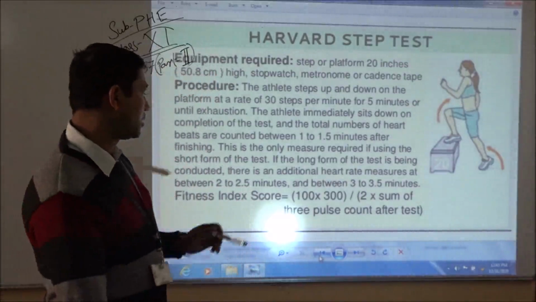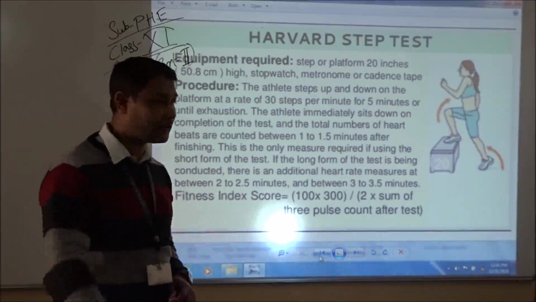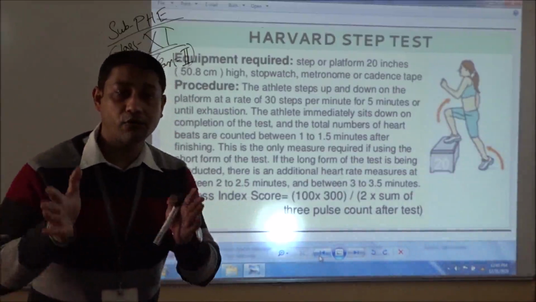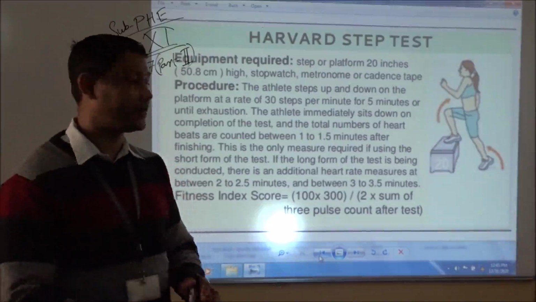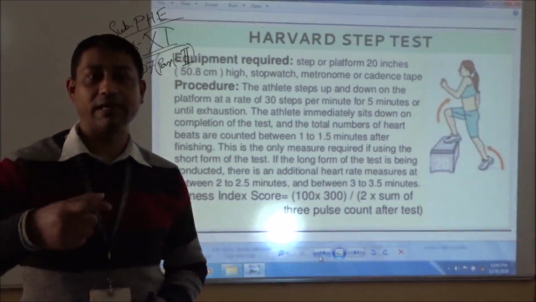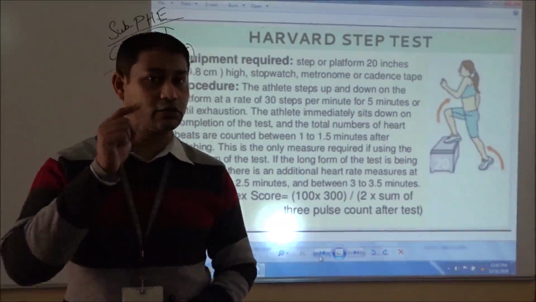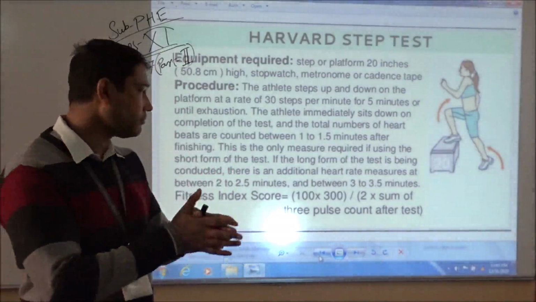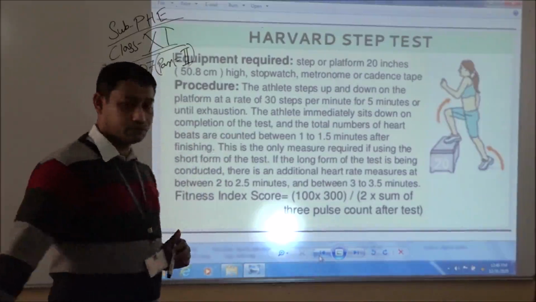That is 100 into test duration in seconds divided by 2 into the sum of the heartbeats during the recovery period. That means the heart rates calculated from 1 to 1.5 minutes, 2 to 2.5 minutes, and 3 to 3.5 minutes will be summed up, and it will be multiplied by 2.